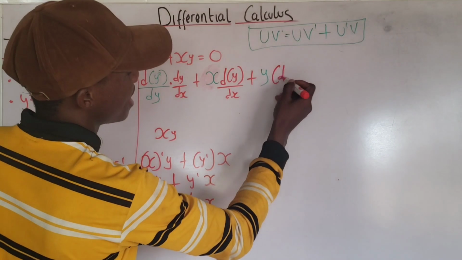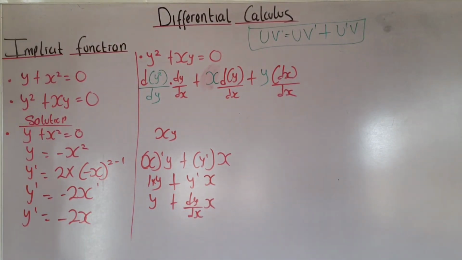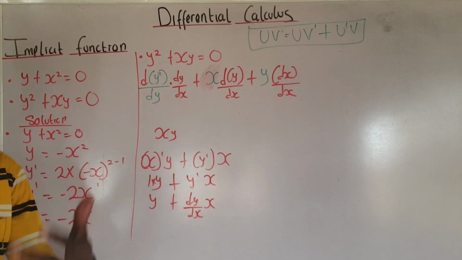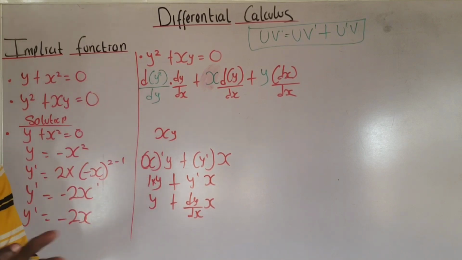I'm going to have dx over dx. See, this implicit differentiation is simple. I told you, anytime you are differentiating y, you add dy/dx. Those are the basic things that you need as far as understanding how to find the derivative of an implicit function is concerned.